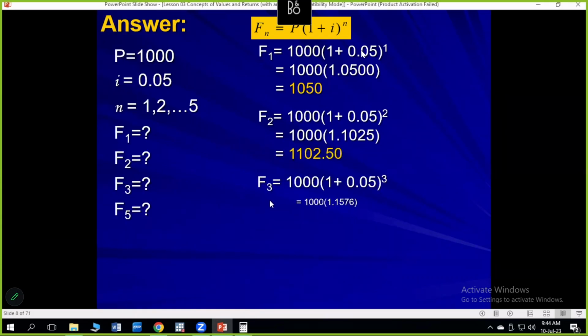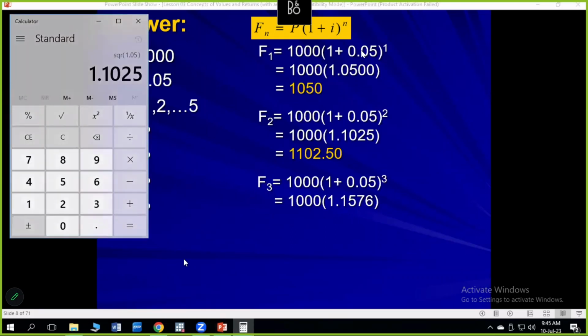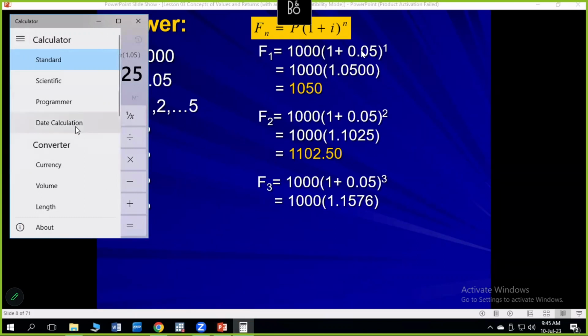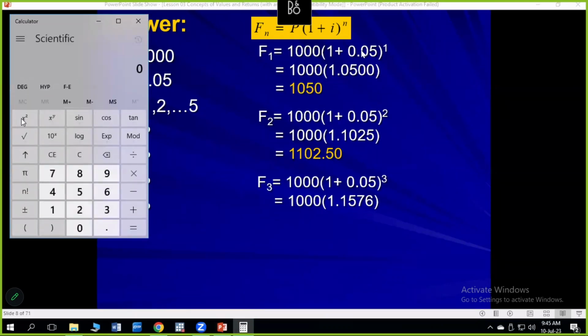In the third case, the factor becomes larger. At that time you can use the scientific calculator's x to the power y function to get the value of the factor.